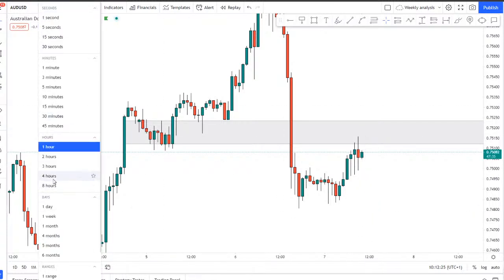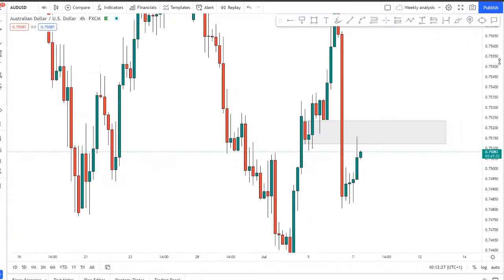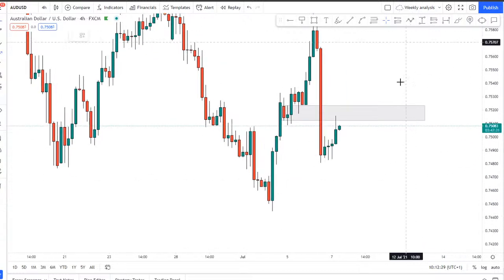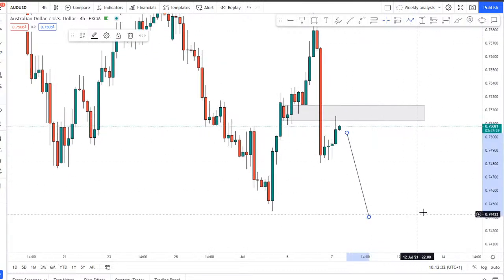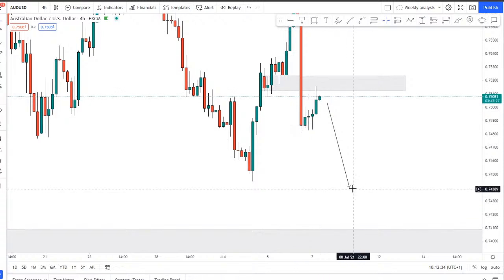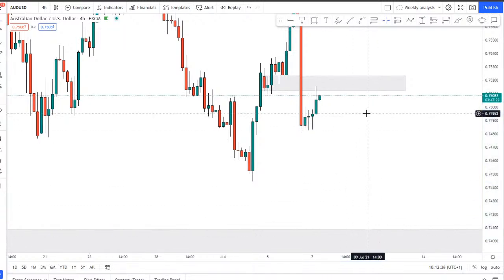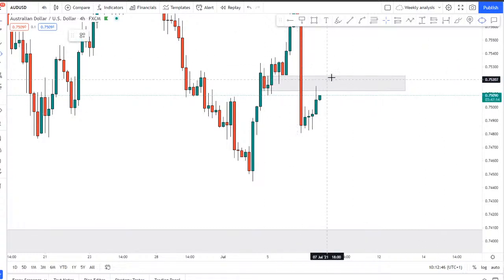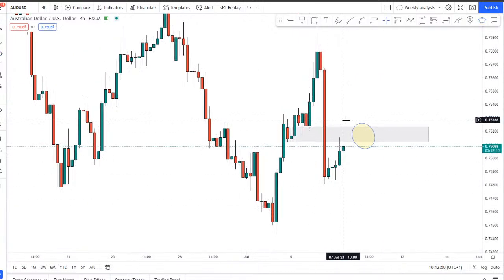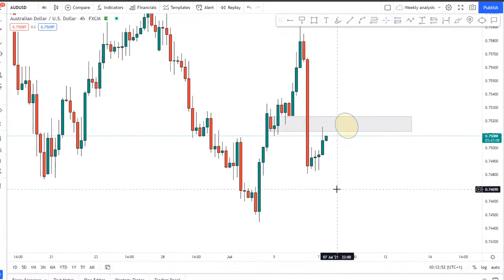The momentum is definitely much to the downside, so I am expecting AUDUSD to push downside and probably give us new lows by the end of the week, and then maybe 0.74, depending on how bearish we can see the Australian dollar against the US dollar. But overall, bias is still very much to the downside. I think looking for sells from this area does look quite good, and then the continuation lower.